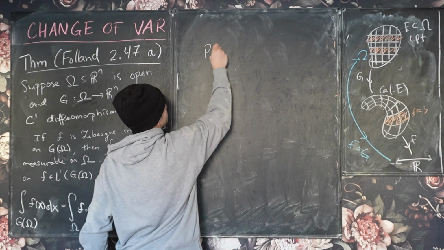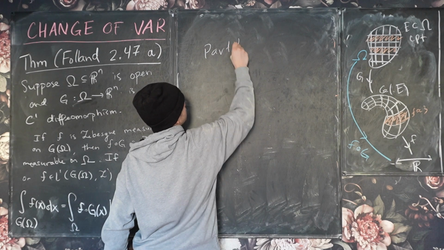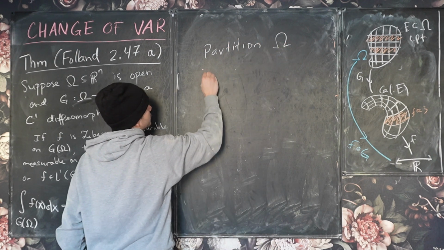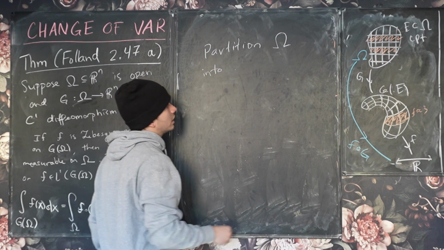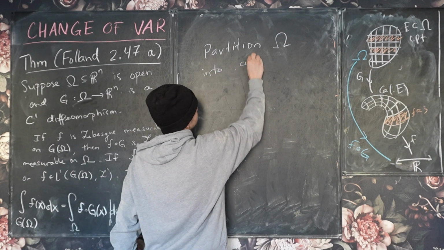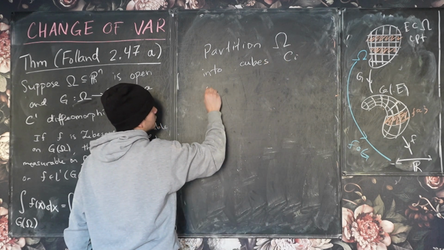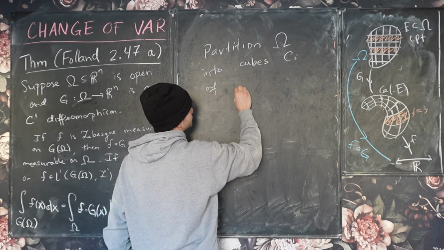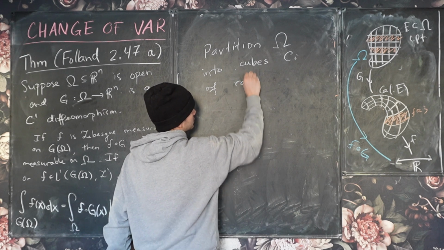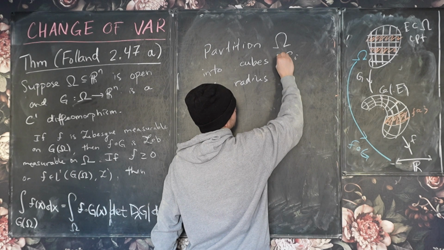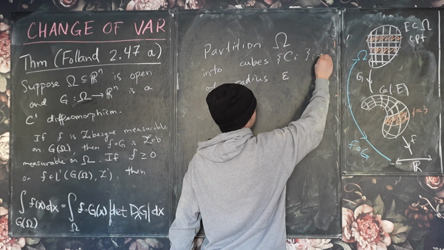Let's partition omega into cubes c_i of radius epsilon, and this set of cubes is going to run from 1 to n.